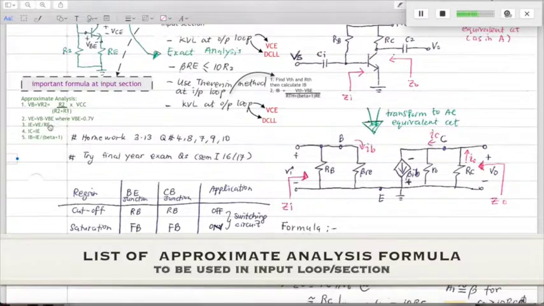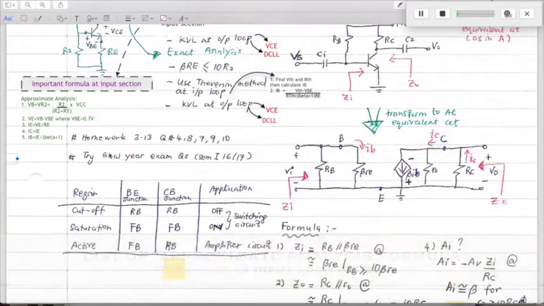Whatever RE value here, you just replace it and calculate to obtain IE. The next formula is IC is approximately IE, and IB is IE over beta plus 1, or you have another one, IC equals beta IB. So you can also use that formula as well.